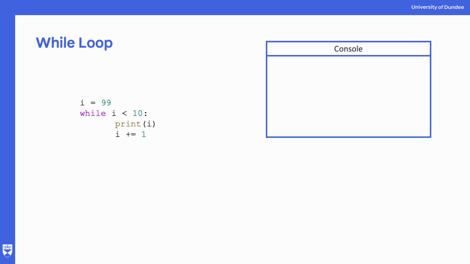And then a final example for a while loop. I have i is 99, while i is less than 10, print out i and increment by 1. But nothing appears in my console. Why is that? Well, I've set i to 99, and my very first condition, 99 is not less than 10, so the loop ends.